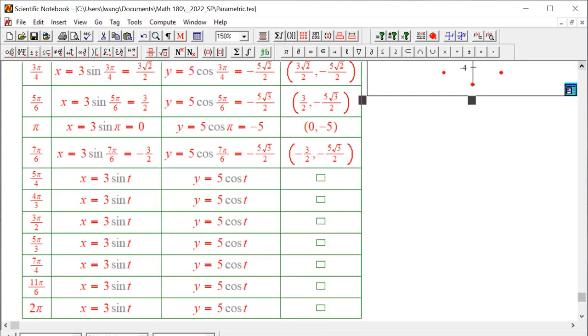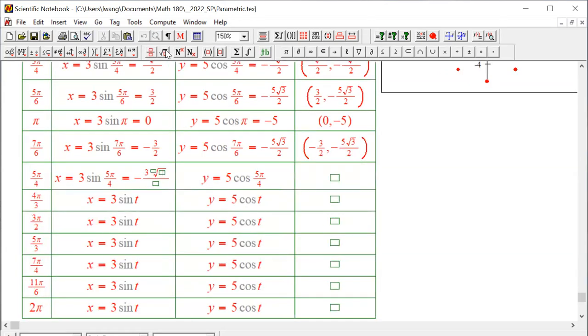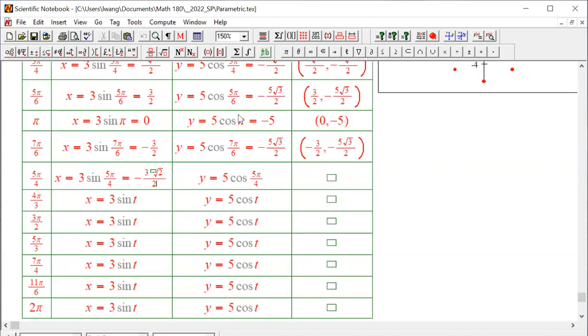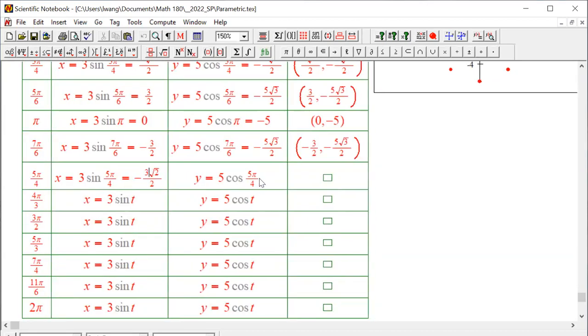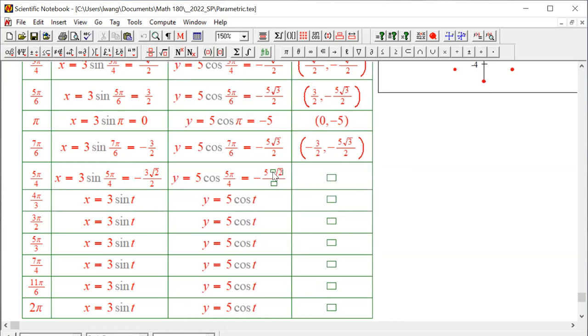Let's see how many we have left. Oh, we're almost there, right? It's just two more quadrants, and then we get there. Both are negative in this quadrant. So we get -3 times √2/2, and this one equals -5 times √2/2.